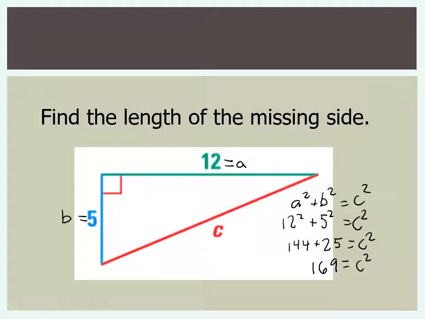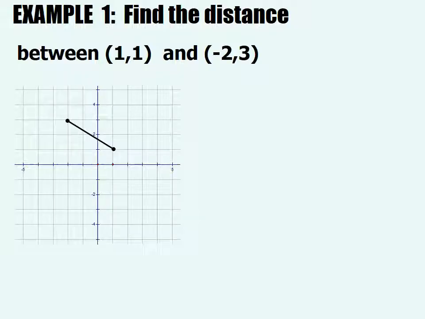If you don't know, take out your calculator. In order to solve for our missing side, we take the square root of both sides. That's the inverse operation of squared. So C is going to be 13. Our missing side is 13.